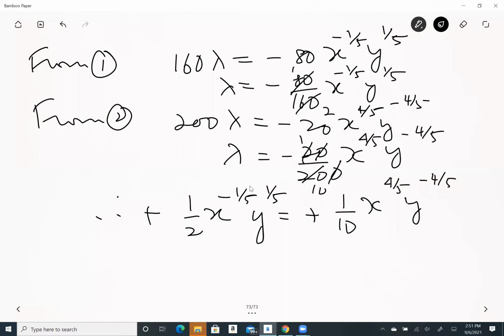So now, how do you do this? You bring the y to one side, x to one side.